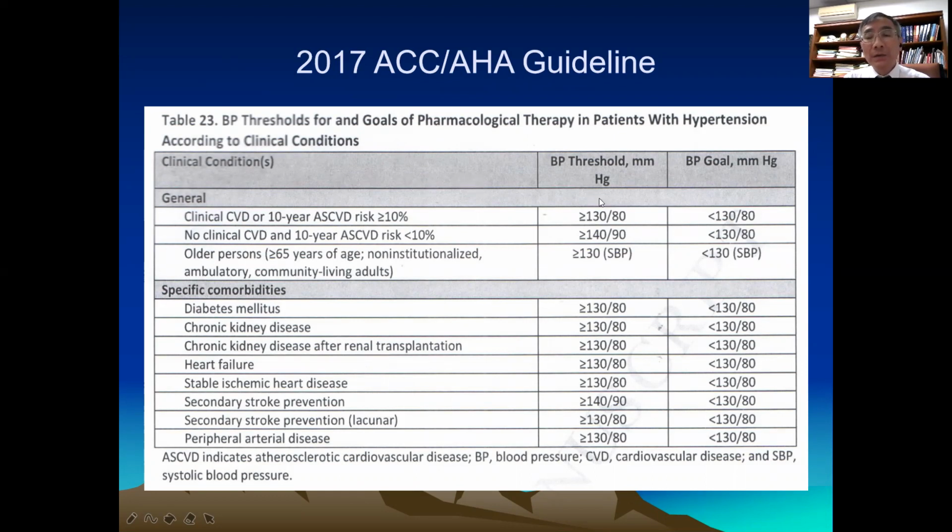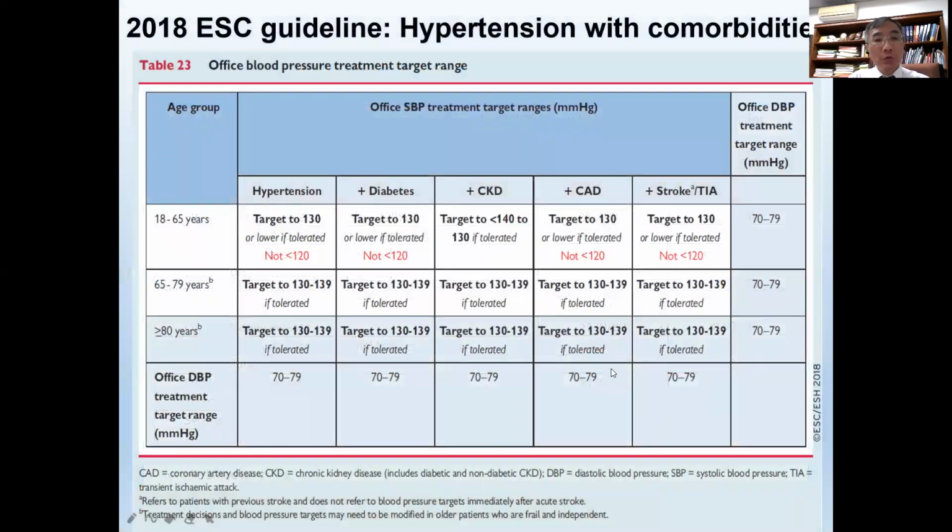The American guideline is very simple. The threshold of treatment is above 130 by 80, and the target essentially is below 130 by 80. So above 130 by 80, we should try to treat if appropriate and bring it below that level. The Europeans are generally similar, giving a blood pressure target of under 130 by 80.